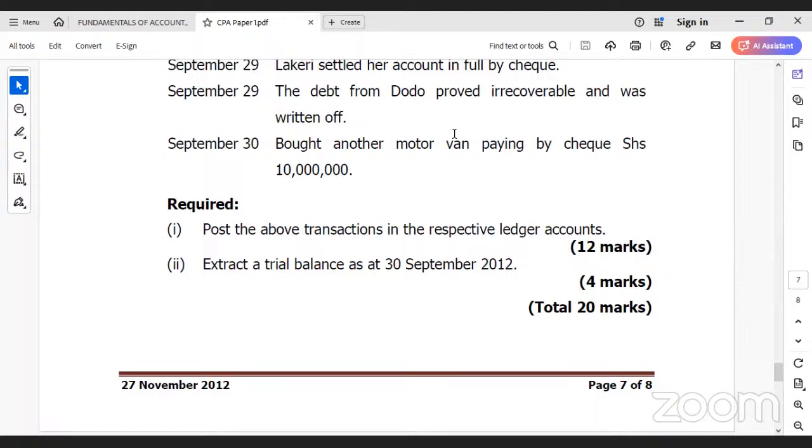I think it's a bad debt written off. So we need a bad debts account and then Dodo's account. Let's prepare the two accounts very fast, and then we end our session.